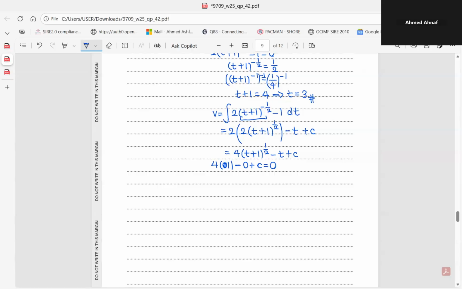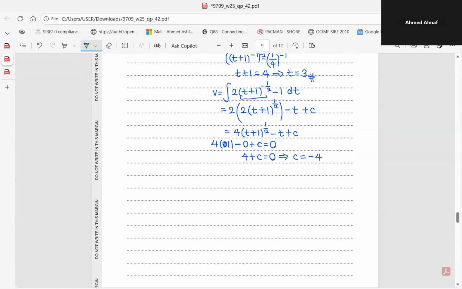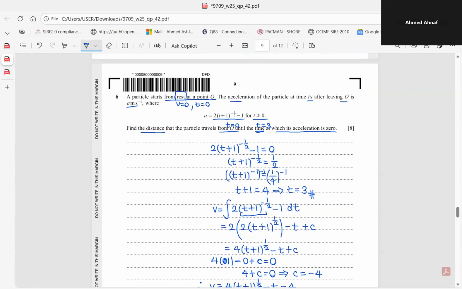So you get 4 plus c equals 0. Therefore, you get c equals negative 4. So therefore, you get v equals 4 times t plus 1 to the power of half, minus t, minus 4. But we're not done yet.